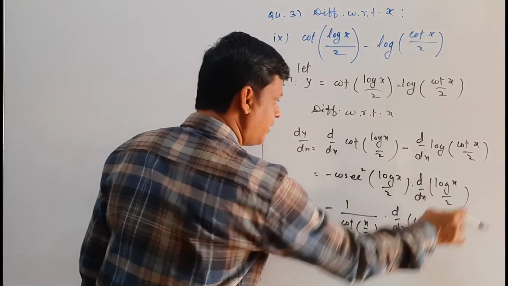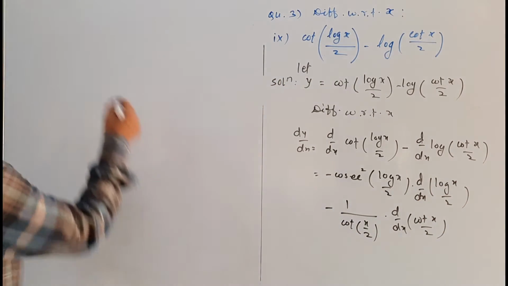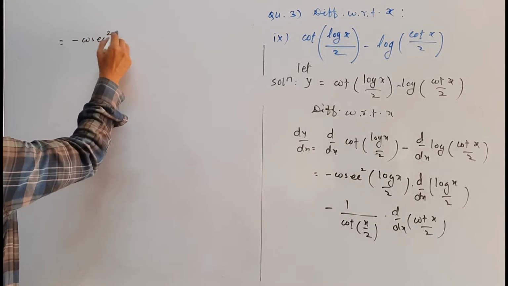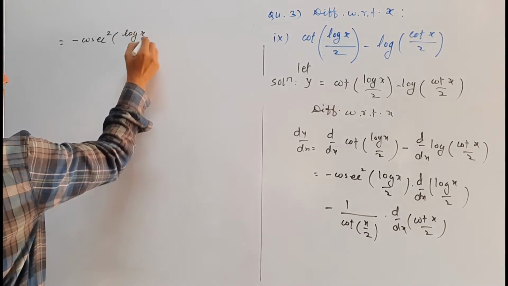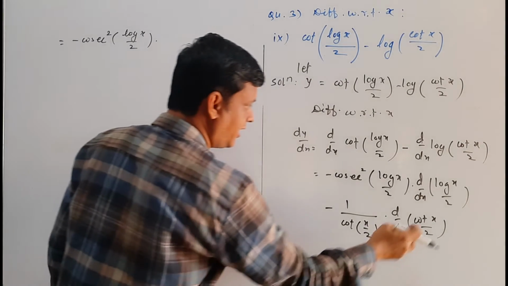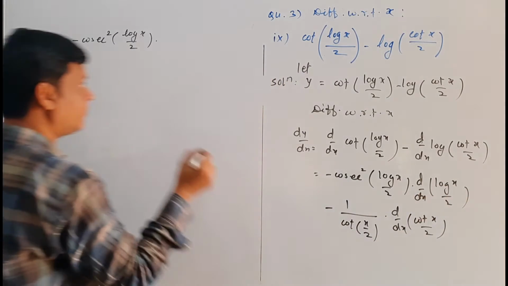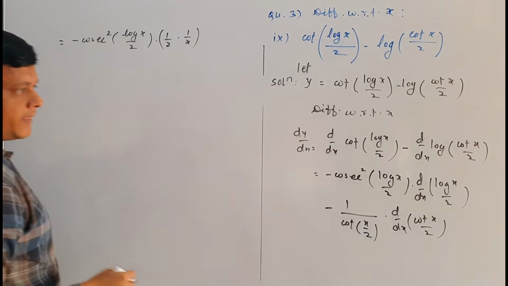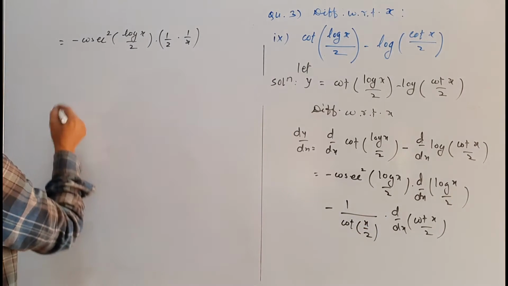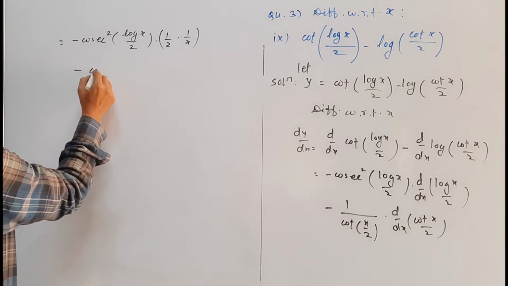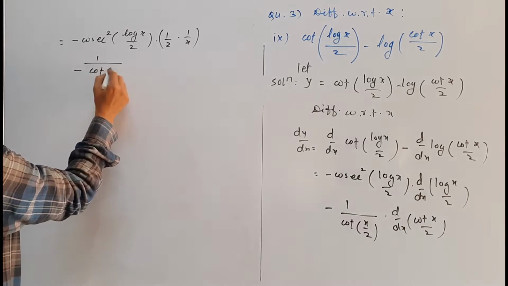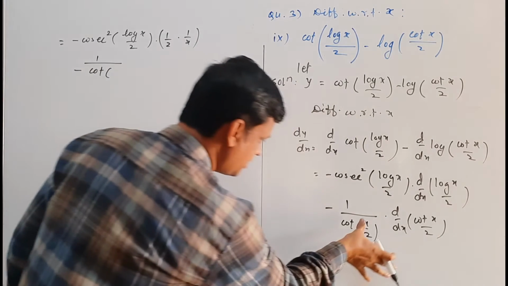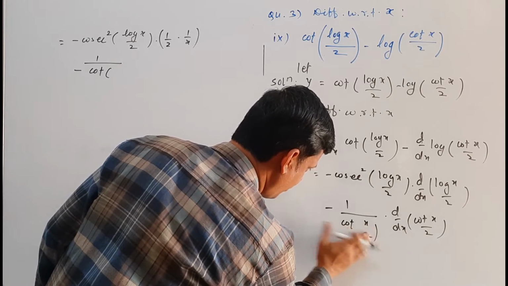So this log x by 2 can be written as 1 by 2 into log x. So we write this minus cosec square as it is, minus cosec square of log x by 2 into, so while differentiating log x by 2, we write 1 by 2 as constant and the derivative of log x is 1 by x. Then 1 upon cot x by 2 as it is, minus 1 upon cot x by 2. So here this is of the form cot x upon 2.